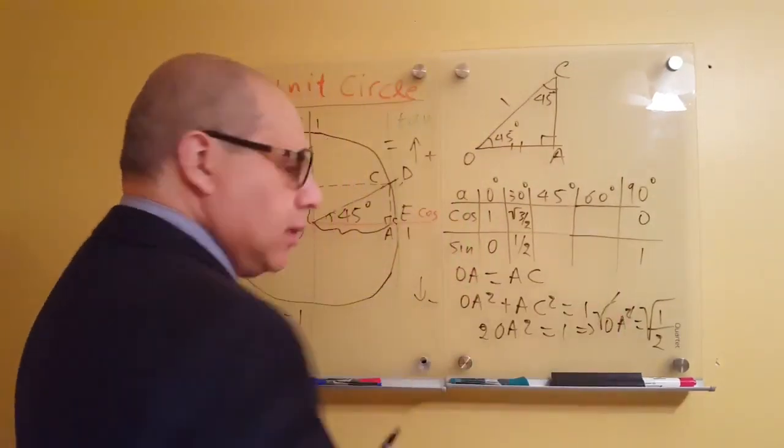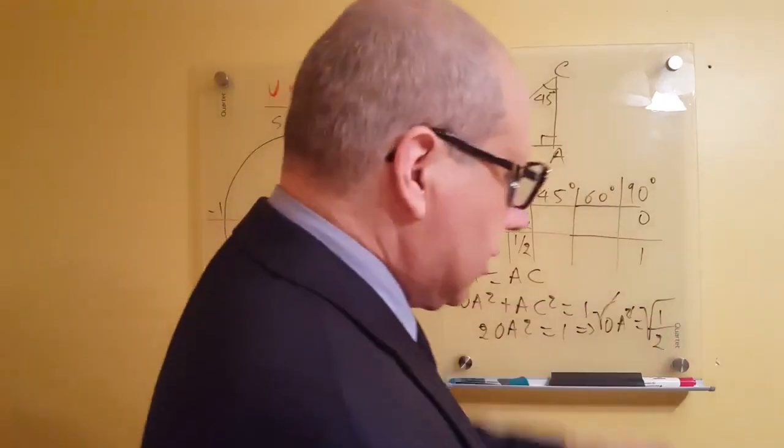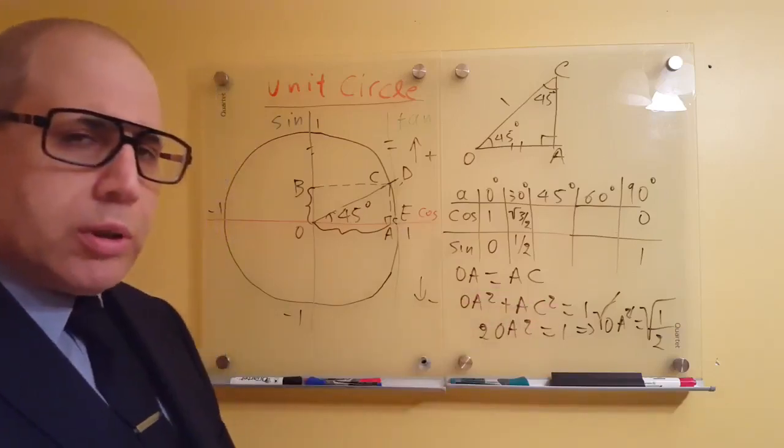And because usually we don't like square roots in the denominator, we want to rationalize this, so that there is no square root in the denominator.